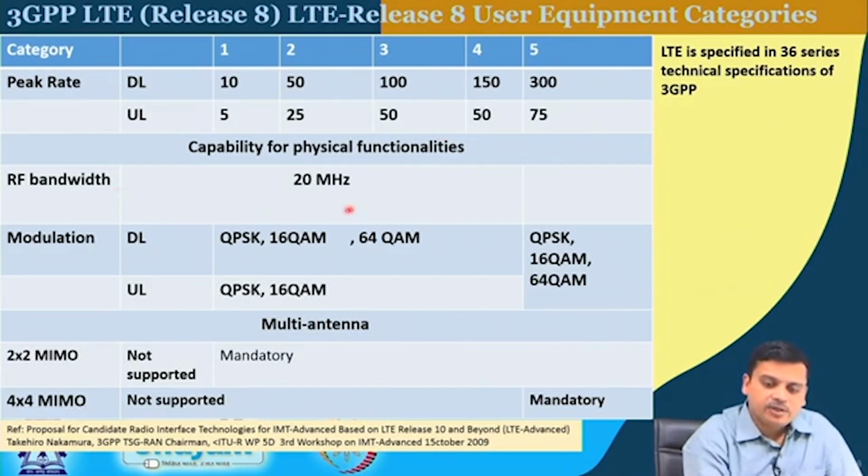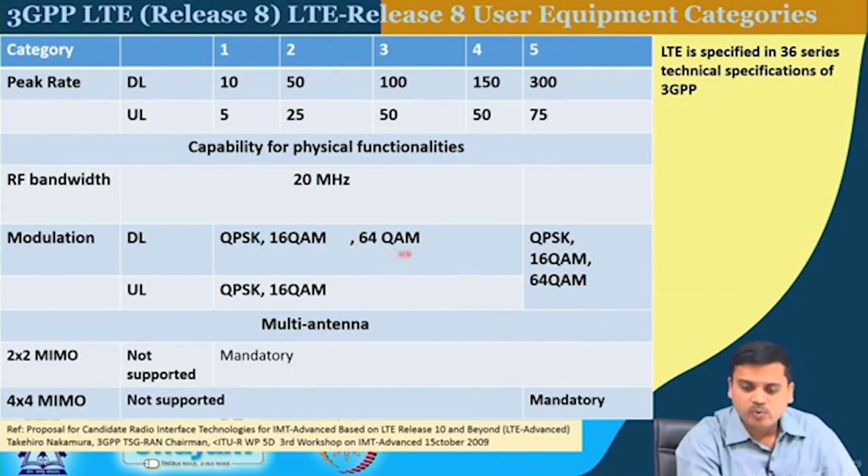The RF bandwidth of 20 megahertz is supported. Now, in downlink, for category 1 to 4, all these modulation schemes are supported, whereas in uplink only 2 modulation formats are supported.